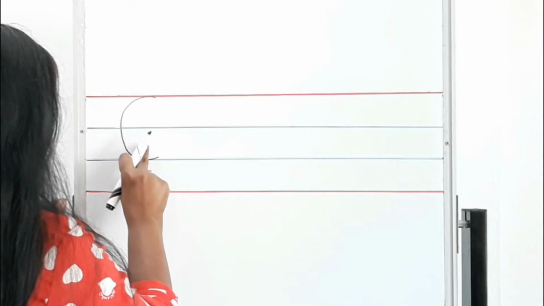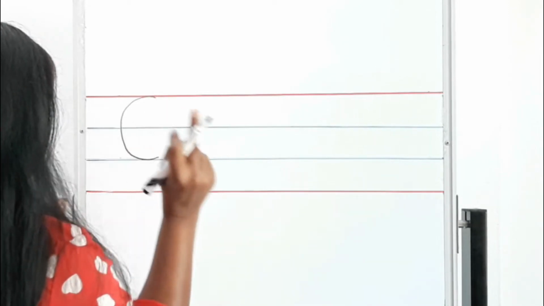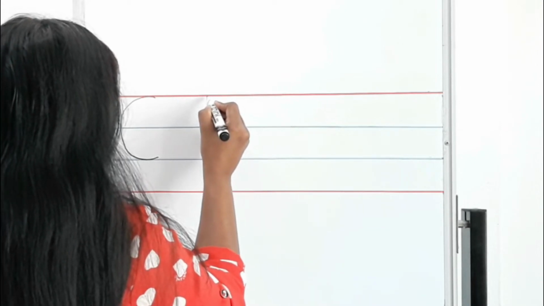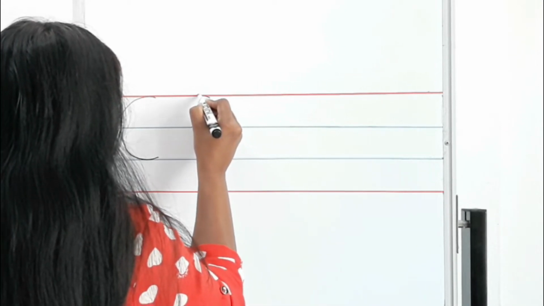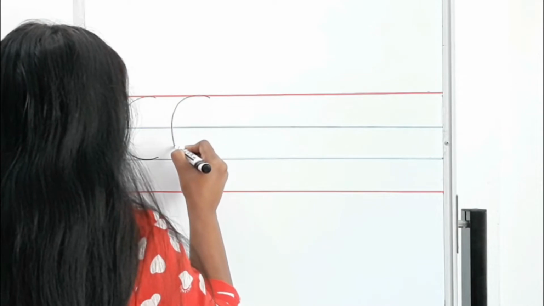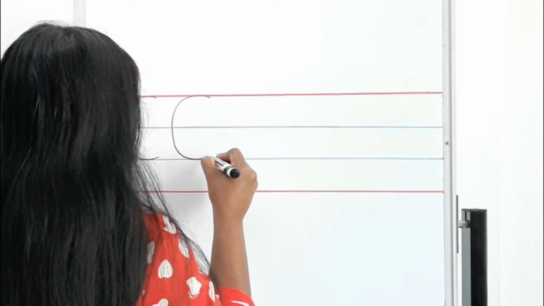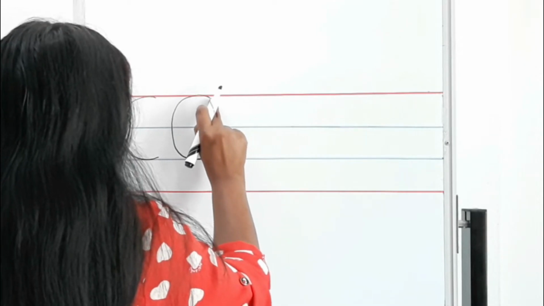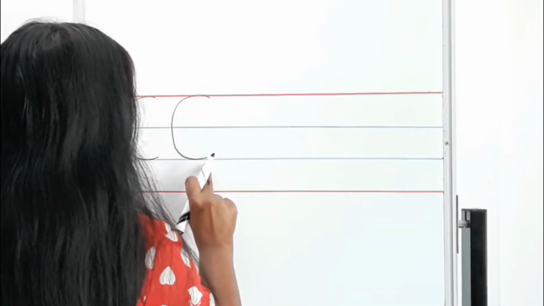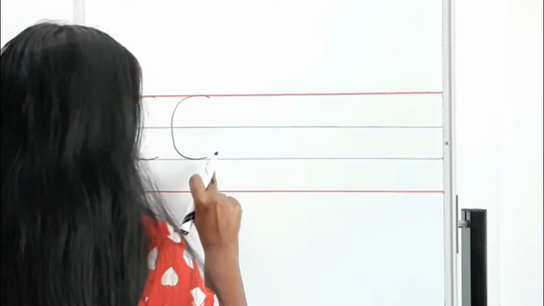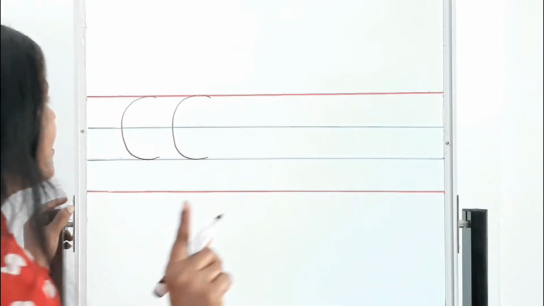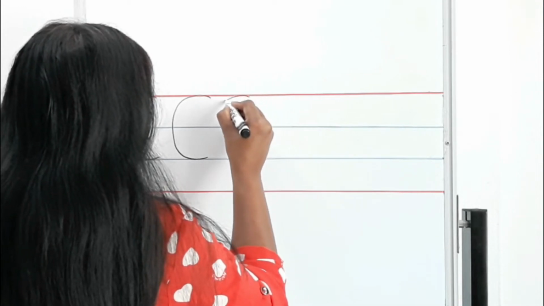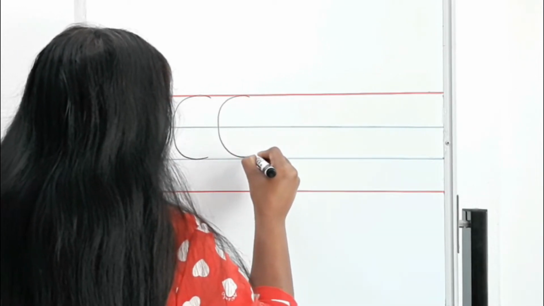Again, one more time, uppercase C, around and stop. It starts from the red line, the headline, and goes to the second tummy line. You can also try with me one more time. Around and stop.